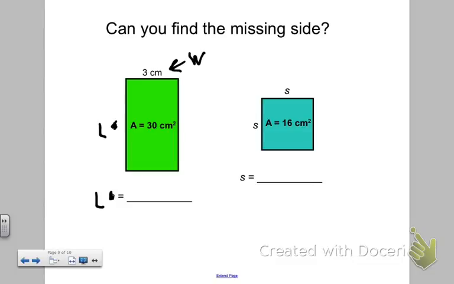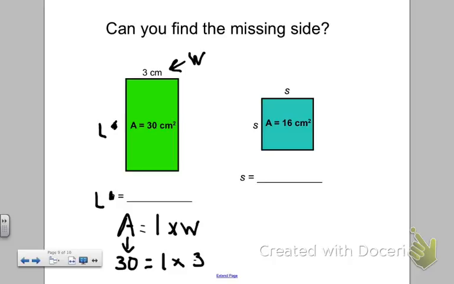Well, think back to the formula. You know the formula for finding the area of a rectangle is area equals length times width. Well, we already have our area. Our area is 30. Looks like we're missing the length, and we have the width, which is 3. So think to yourself, 3 times what number would give you 30?